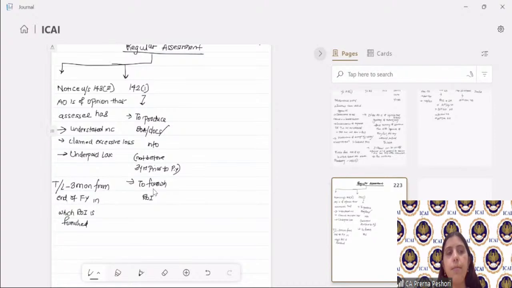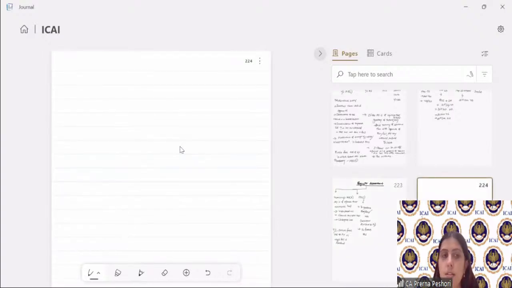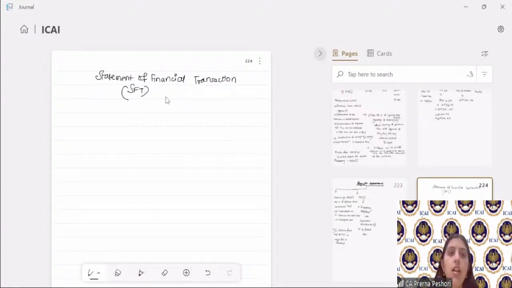So understand one thing, that there is a document called the Statement of Financial Transaction, or SFT.